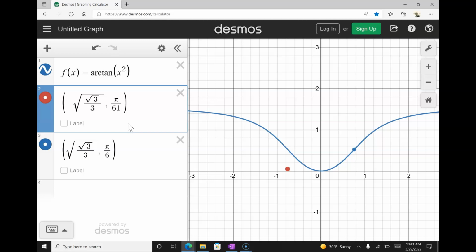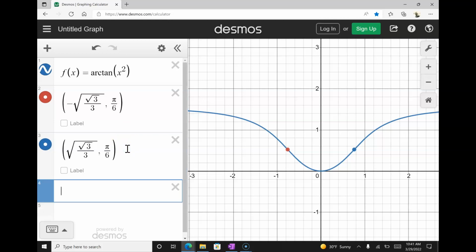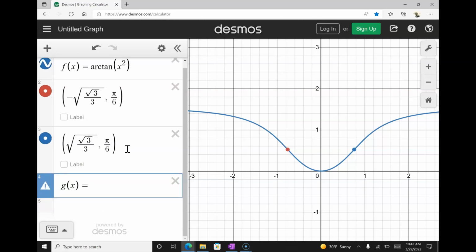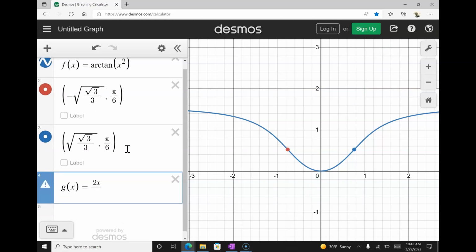What's a nice way of checking that I have my derivative right graphically? Well, when the function's decreasing, the derivative should be negative, right? So let me put in g of x, this is my derivative, equal to 2x over 1 plus x to the fourth.